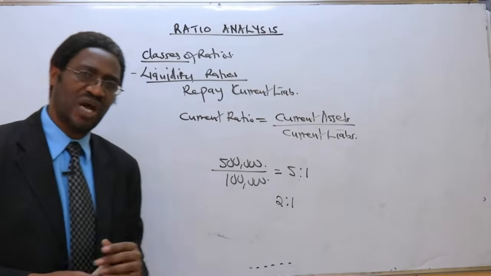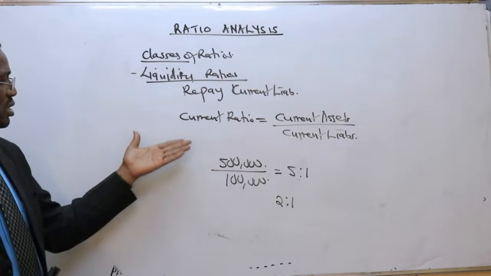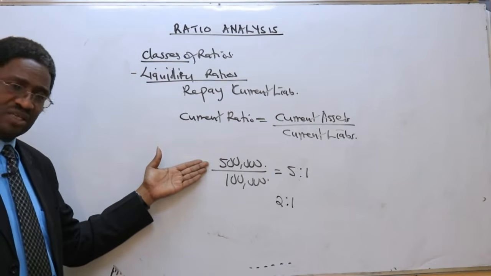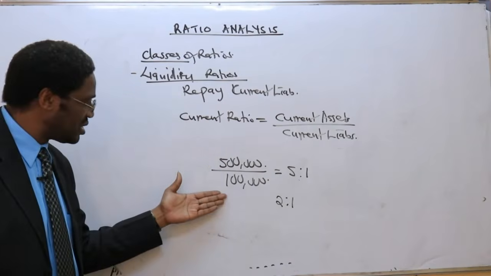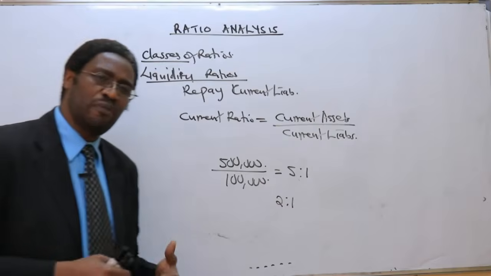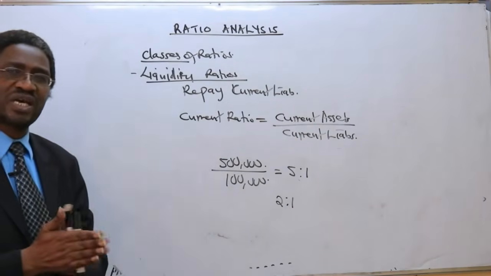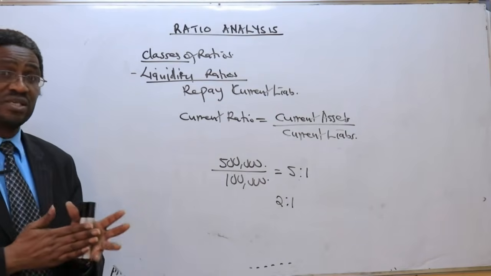But before we do that, first, tell me this. If the current assets of this firm are 500,000 while the current liabilities are 100,000, is this firm able to repay its current liabilities? The answer is yes.